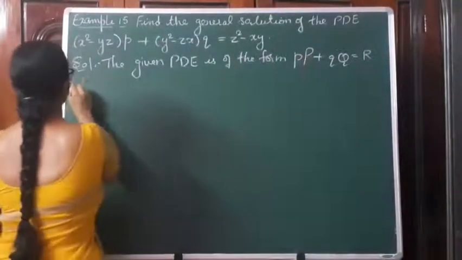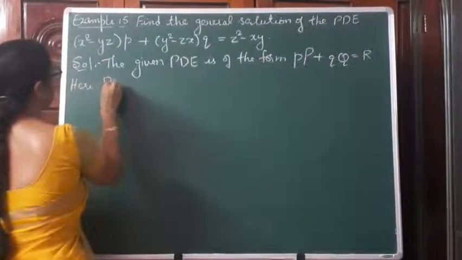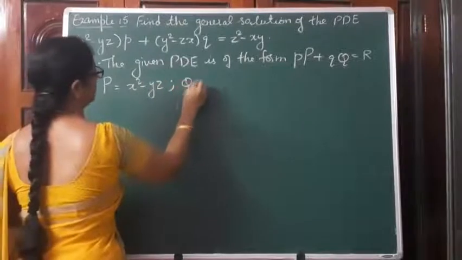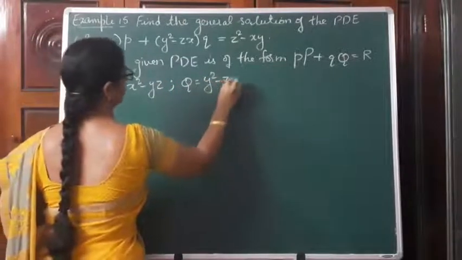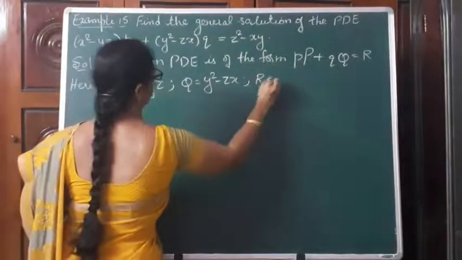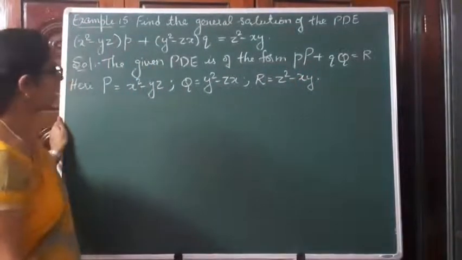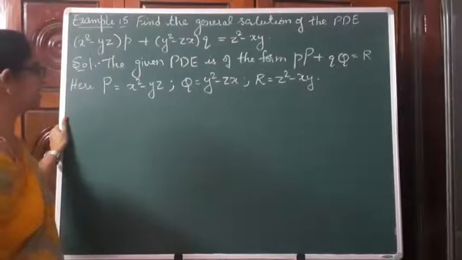Here, P is x square minus yz, Q is y square minus zx, and R is z square minus xy. Now consider the auxiliary equations as usual.